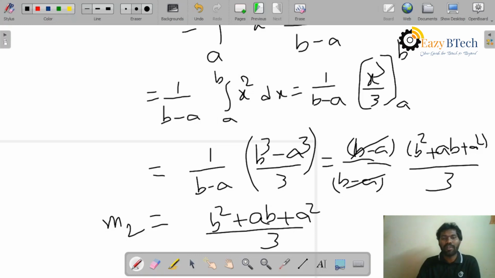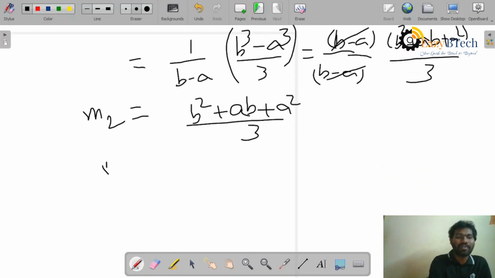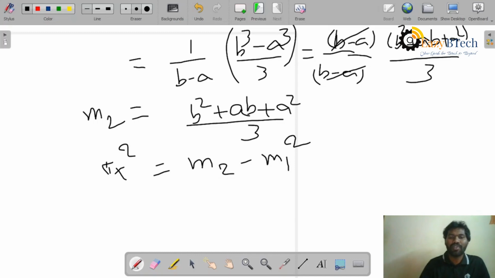Now we have m2 and m1. What we are going to calculate is the variance. Variance is equal to sigma x square, that means m2 minus m1 square. Substitute m2 and m1 in this expression.